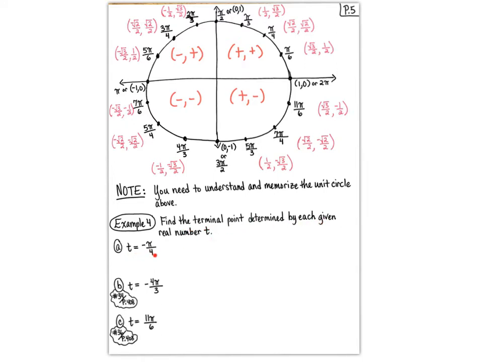If t is equal to negative pi over 4, are we going clockwise or counterclockwise? Clockwise. And where do we stop? At 7 pi over 4, right? So we're going from here to here, which means our terminal point is what?